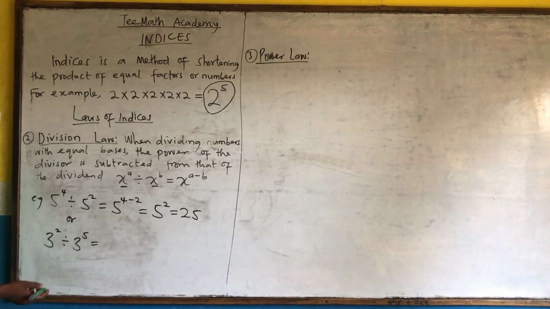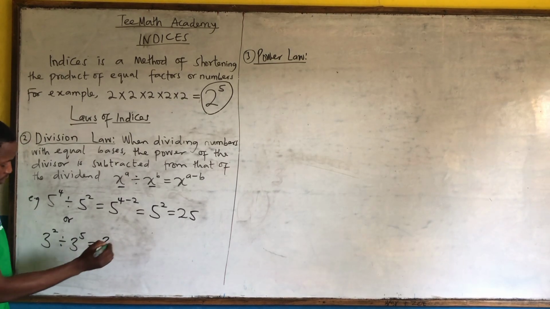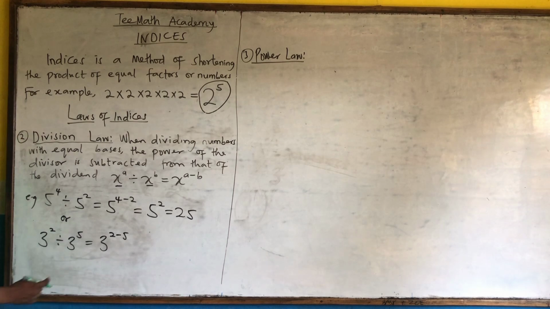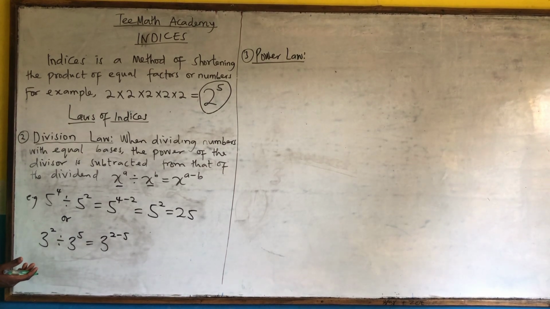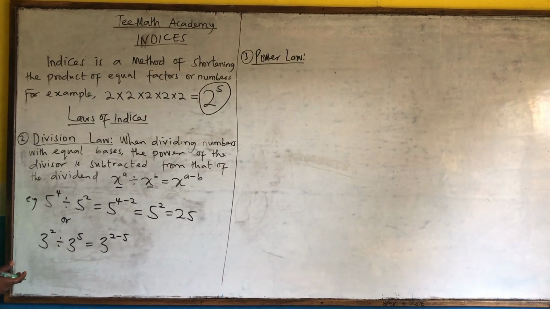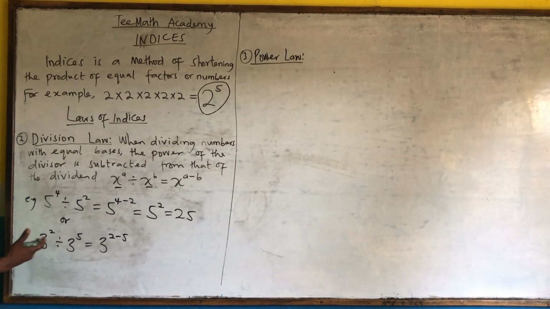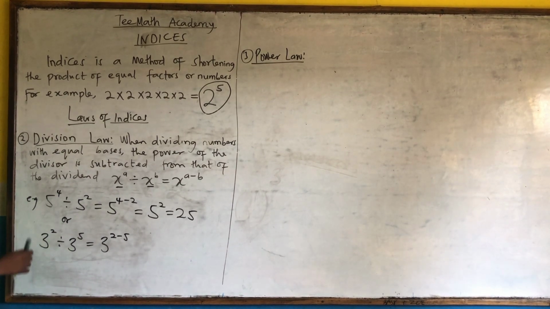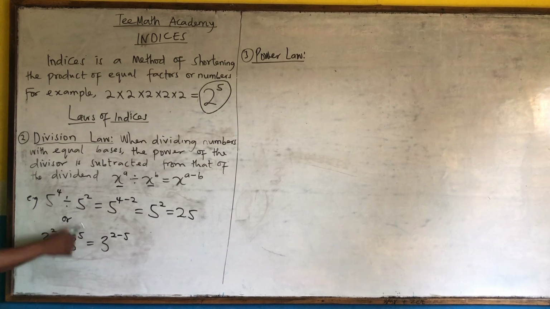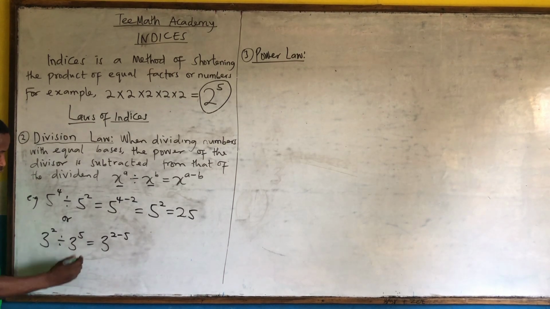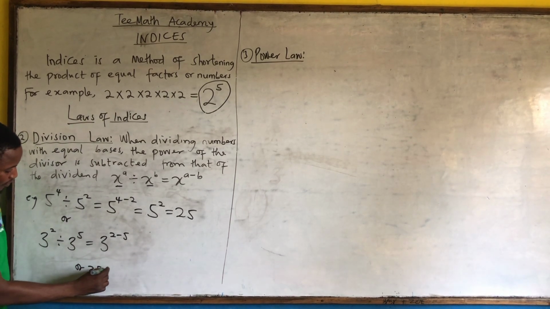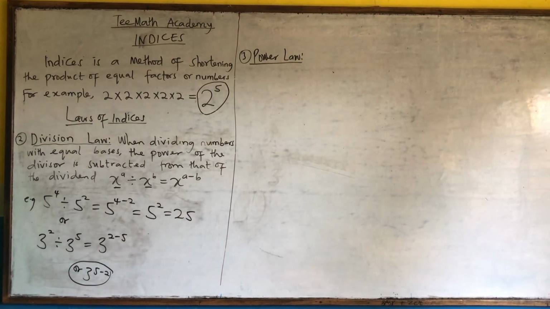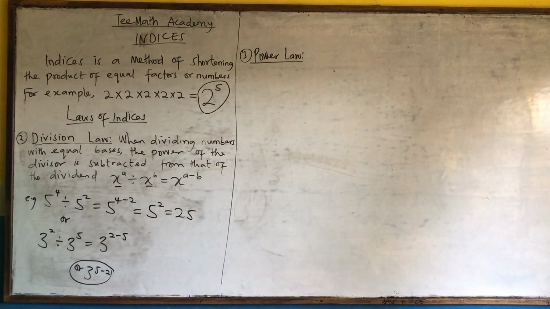They feel that you are going to have 3 raised to power 2 minus 5, which they feel is not allowed, that it looks weird. But this is very correct, because the law of indices says that the power of the divisor will be subtracted from the dividend. Do not change it to 3 raised to power 5 minus 2 just because you are used to that one.